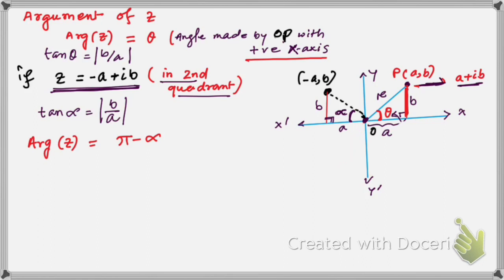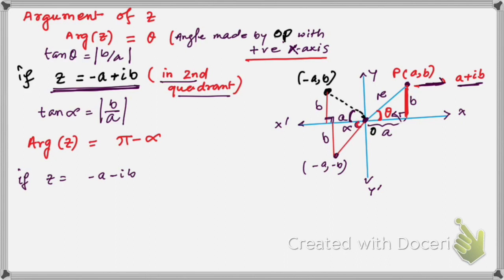Let me write the origin here, and this is the point representing the complex number, where z is equal to minus A minus iB, so the point is minus A comma minus B. This is the perpendicular, so this is B and this is A, and this angle is suppose alpha.